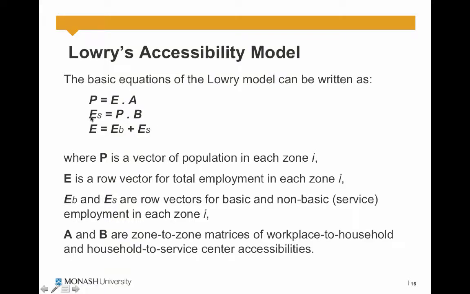The second equation is ES, the number of service jobs, which is equal to the population multiplied by B. What is B? B is a zone-to-zone accessibility matrix related to household to service jobs journeys. And finally, the last equation is the total employment is equal to the basic employment plus service employment.